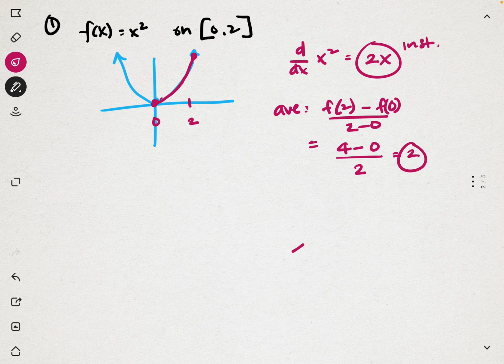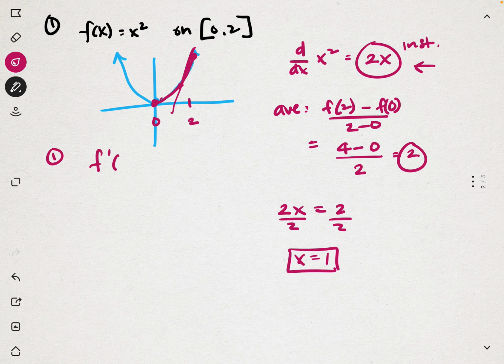Now we're trying to find where the instantaneous rate of change is equal to 2. If we divide here, we see that when x equals 1, we have slope 2. So again, we use this form.